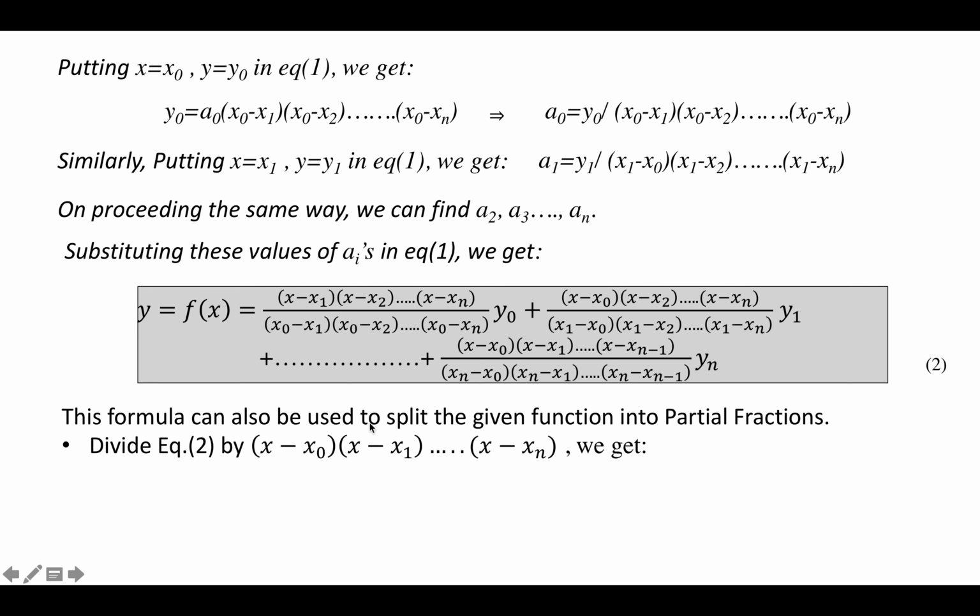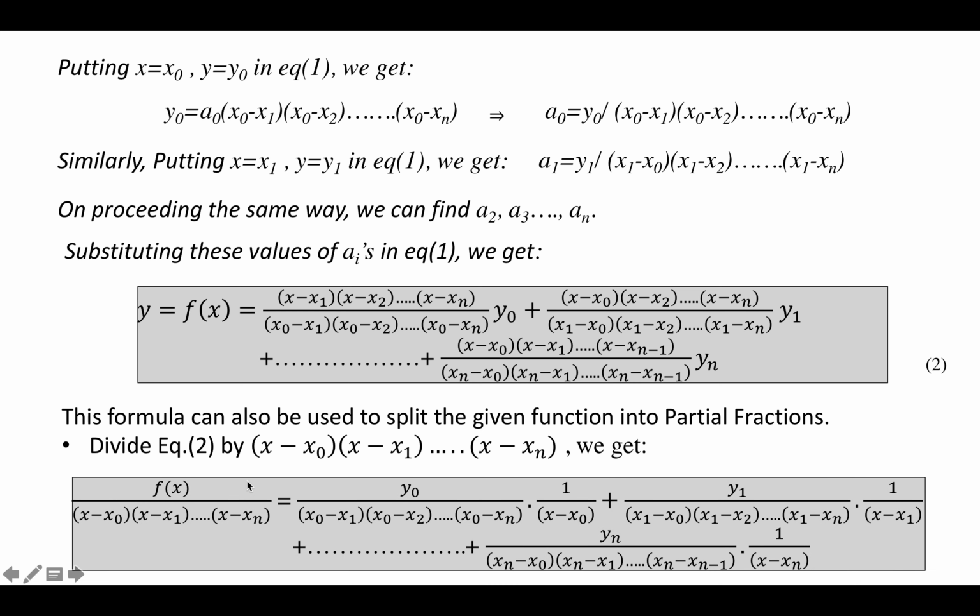This formula can also be used to split the given function into partial fractions. How can we do that? Divide the above equation by (x minus x0)(x minus x1) and so on up to (x minus xn). What we get? f(x) divided by this term is equal to the first term, y0 divided by (x0 minus x1)(x0 minus x2) up to (x0 minus xn), into 1 over (x minus x0).